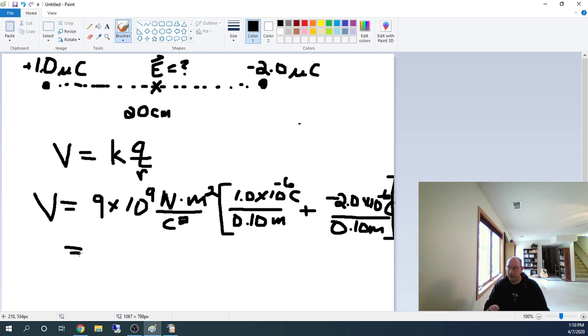So what would the voltage be due to these two point charges? This is going to be negative. We see 1 times 10 to the minus 6 over 0.1 plus negative 2 times 10 to the minus 6 over 0.1. They're going to partially cancel, but the larger charge is going to win here.